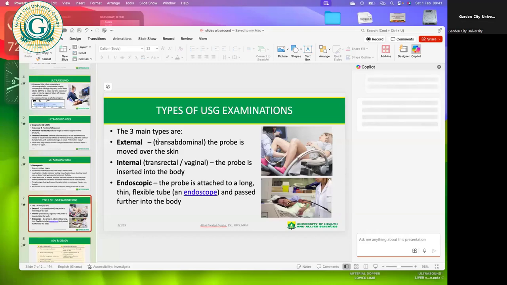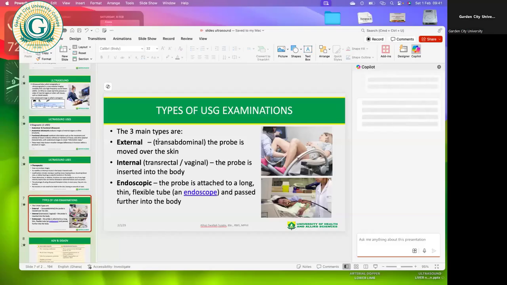The transvaginal is usually done for women to examine their uterus and ovaries as well as their cervix more closely in a more resolved manner. We will get to the differences shortly.